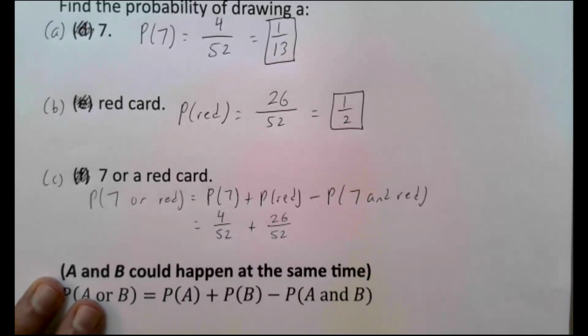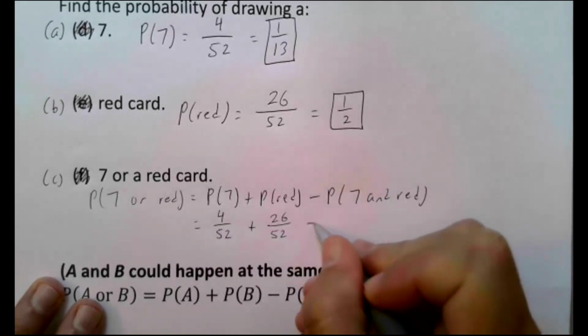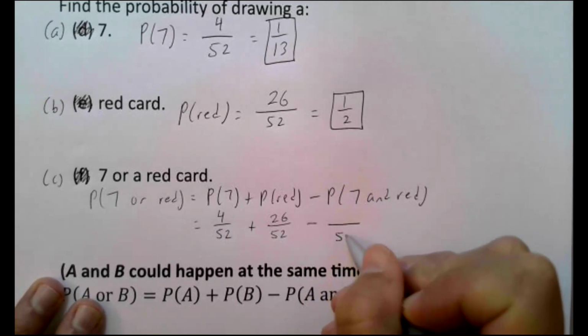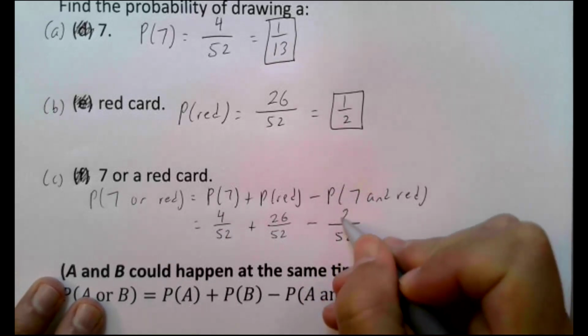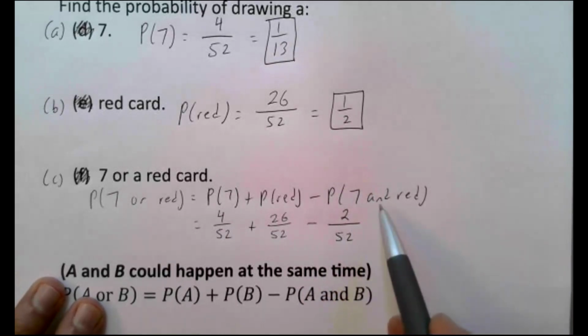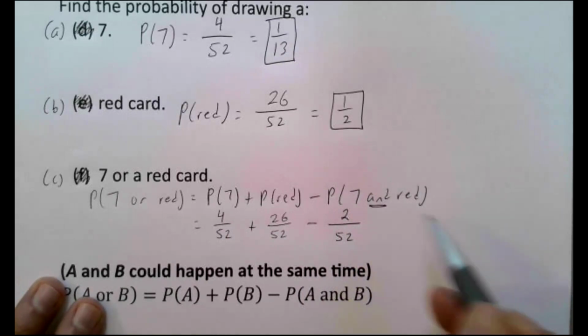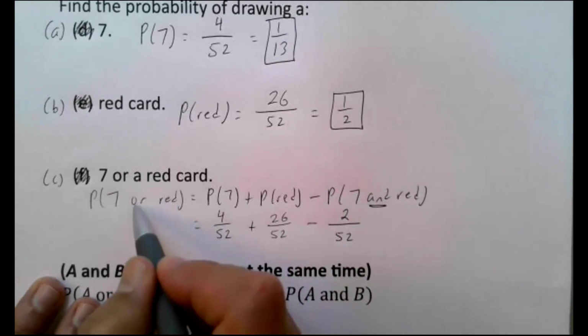4 plus 26 is 30, but there are 2 of them that were counted in each group. And so the 2, remember the 7 of hearts and the 7 of diamonds, those are the 2 that I'm talking about. Those 2 out of 52 have the property of meeting both at the same time. They're both 7 and red at the same time.